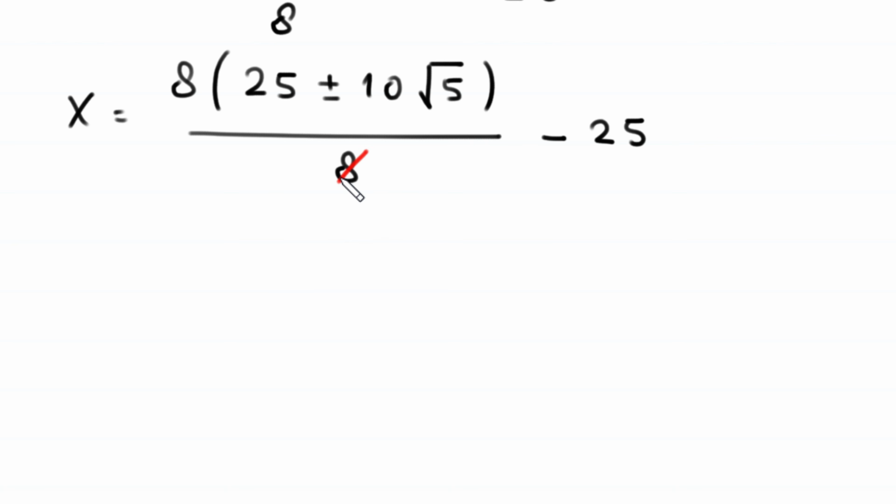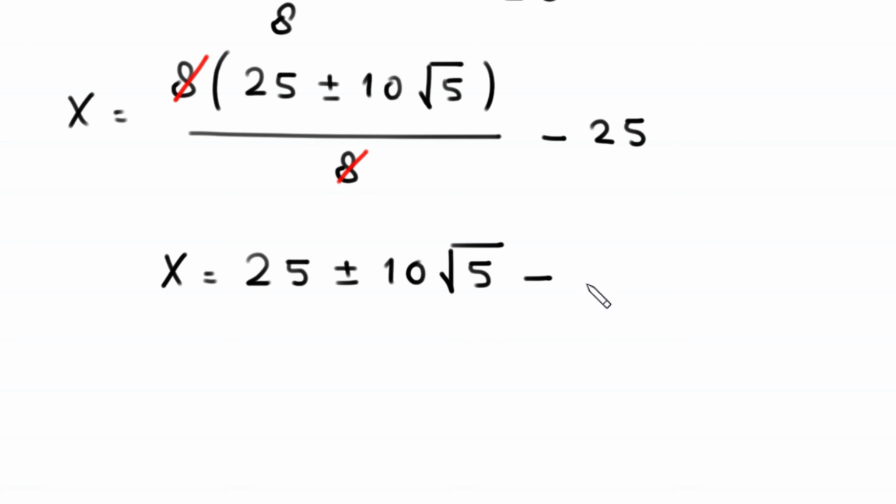Now this 8 will be cancelled out with this 8 and we are left with x is equal to 25 plus minus 10 times root 5 minus this 25. This negative 25 will be cancelled out with this positive 25 and we are left with x is equal to plus minus 10 times root 5.